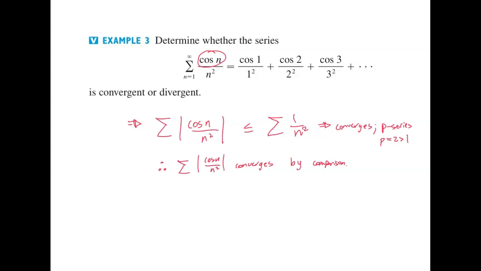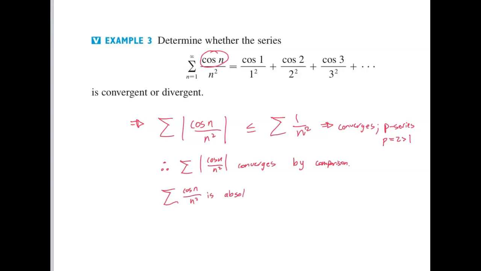And now we can say that sigma, the original one, cosine n over n squared, is absolutely convergent. Therefore, convergent, which is what we proved in that last theorem. If the absolute value converges, then the original series has to converge as well.